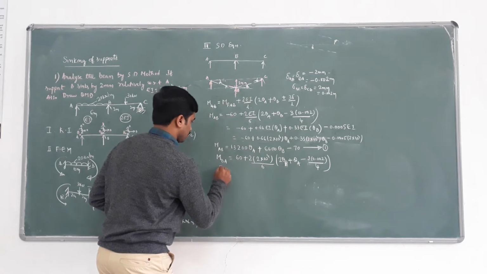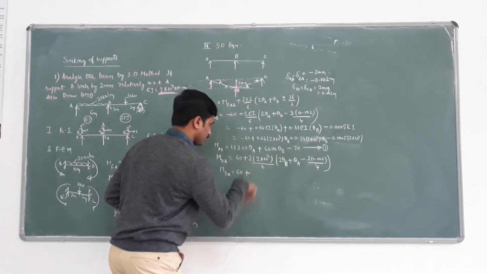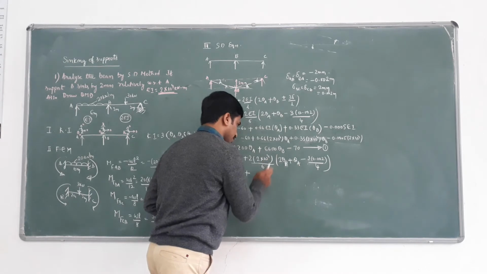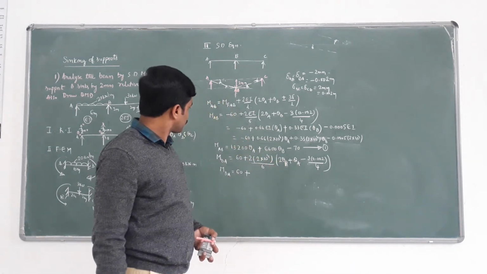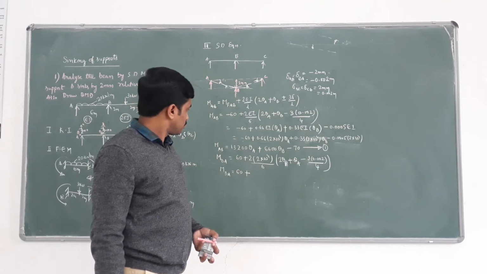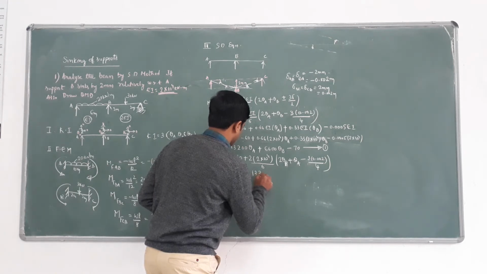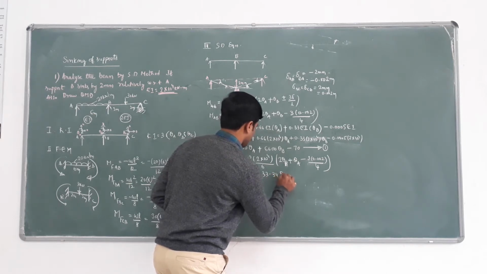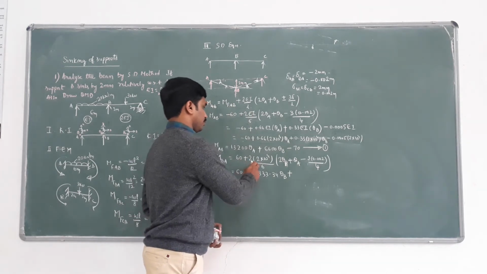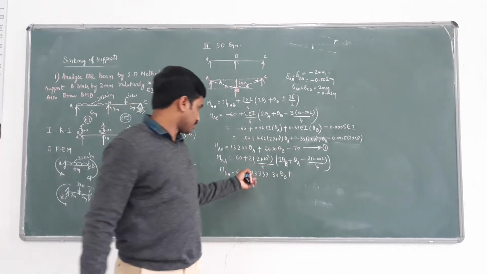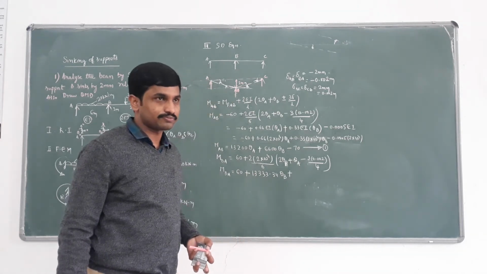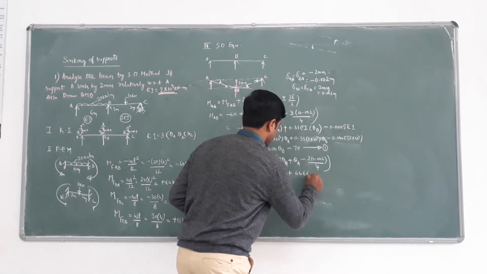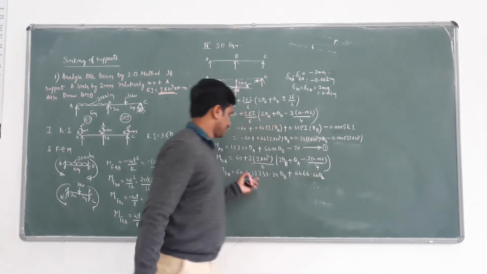Now compute MBA. 60 plus 2 into 2 into 2 into 10 power 4 divided by 6 gives 13,333.33 theta B. Divided by 2, we get 6,666.66 theta A. This is half.